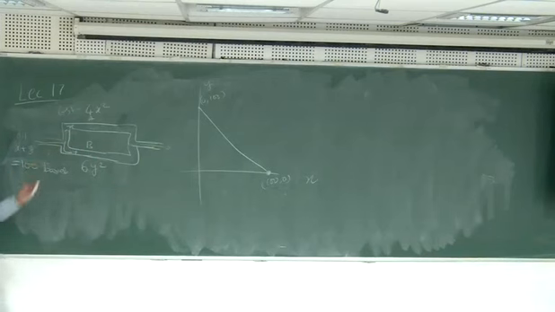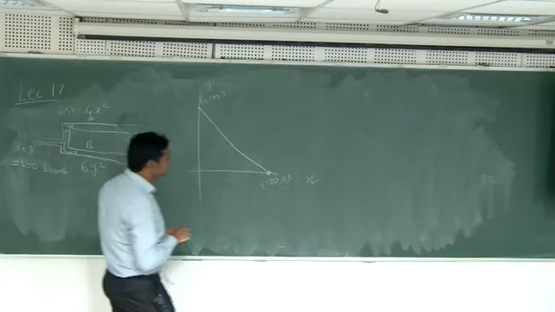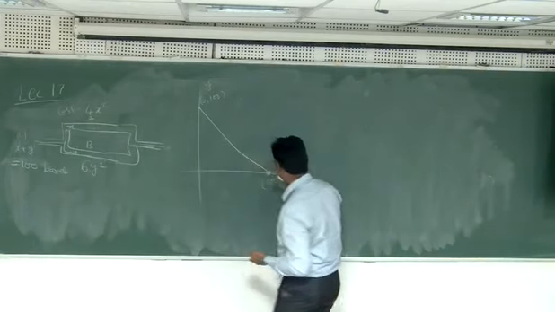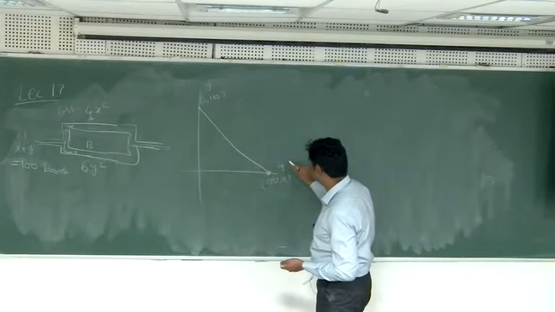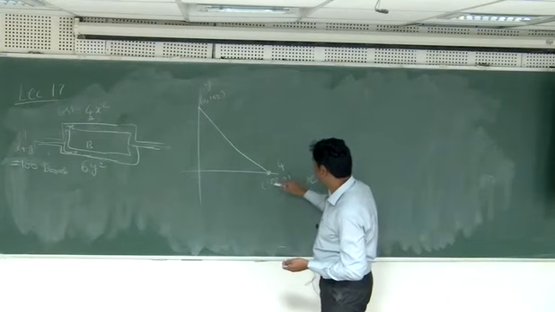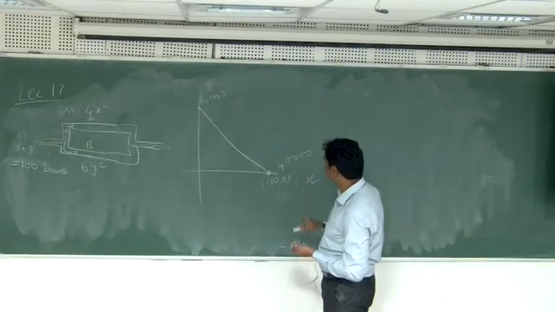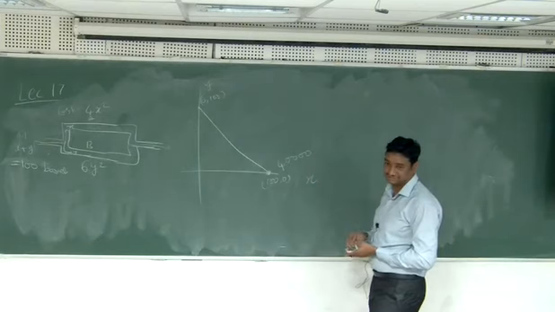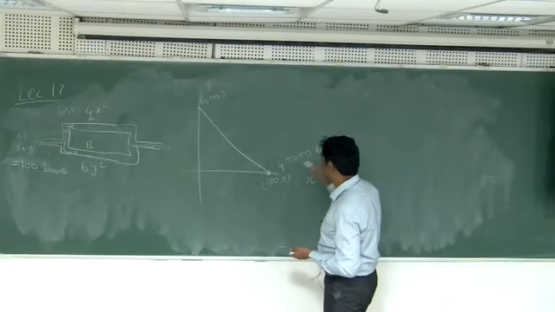Then send everything on pipeline A. We can calculate actually. What is the cost in this case? 4 into 100 square, isn't it? 40,000. Okay, 40,000 rupees is the cost.